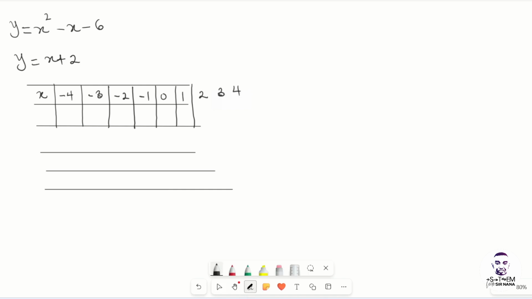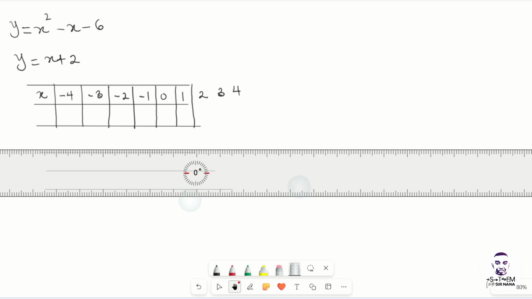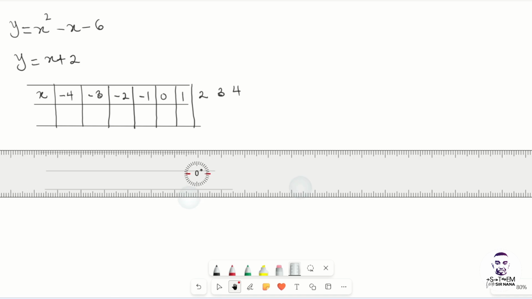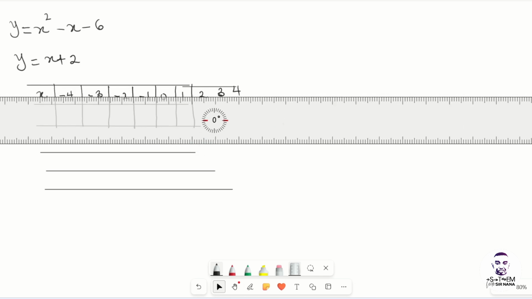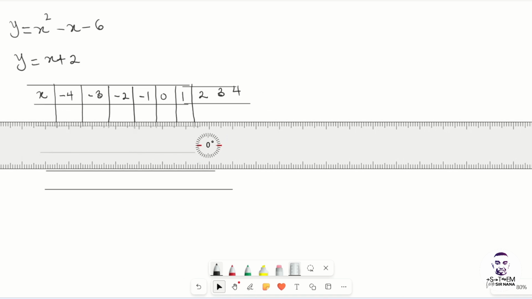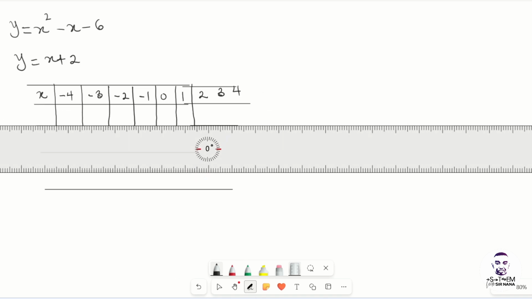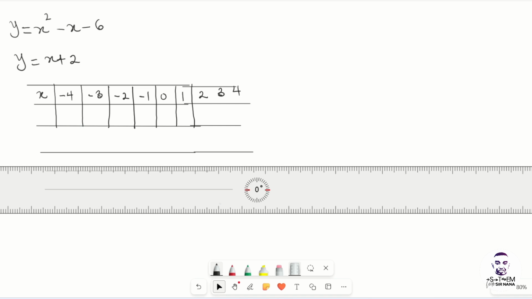So we'll probably extend the lines to be able to cater for all the numbers. Let's extend the lines here as well so that we can have all of them.